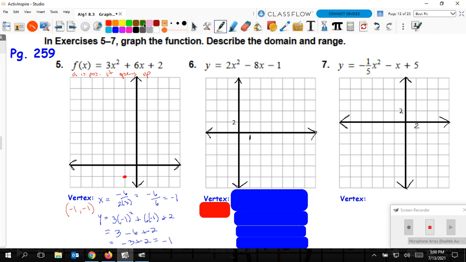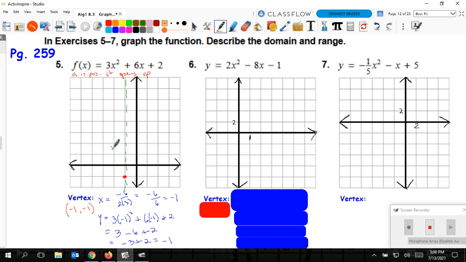And using this axis of symmetry, which I'm going to draw as a green line, right through the vertex here, this is our axis of symmetry. Whatever points we get on this side, we're going to put them also on the other side, and that would make it symmetrical. It's going to be a U-shaped parabola.